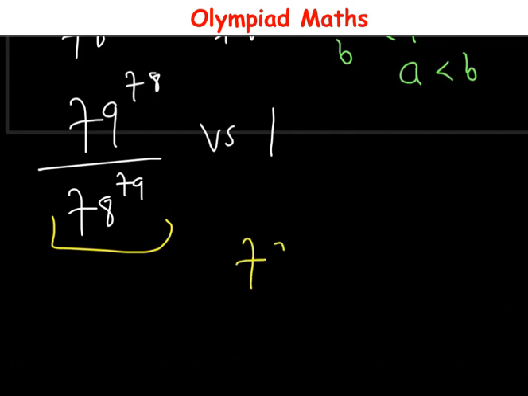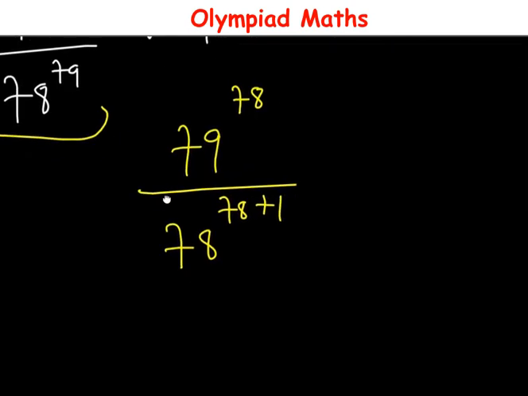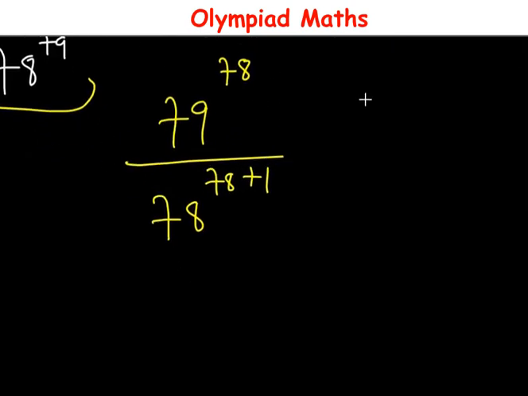We have 79 raised to the power 78 over 78 raised to the power 79, which can be written with 79 as 78 plus 1, such that we can then apply this rule of indices: if you have a raised to the power b plus c, this equals a raised to the power b times a raised to the power c.